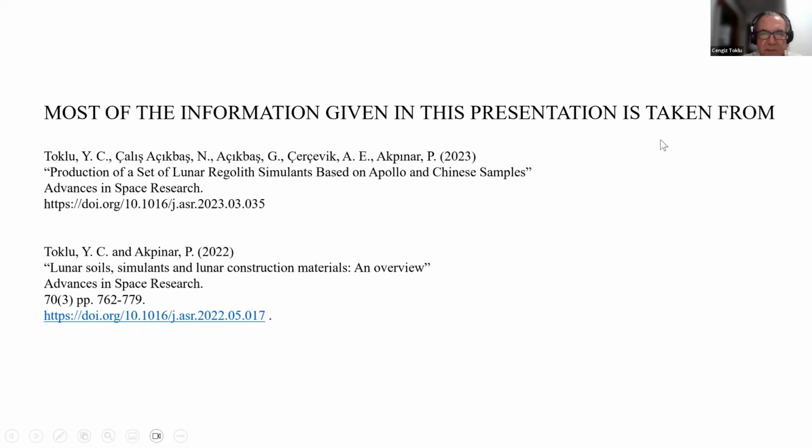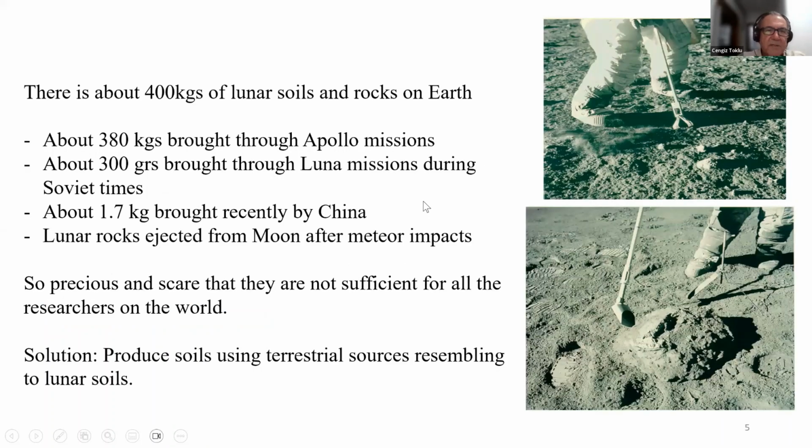Now, most of the information given in this presentation is taken from these two recent publications. There are about 400 kilograms of lunar soils and rocks on Earth: 380 kilograms brought through Apollo missions, about 300 grams brought through Luna missions during Soviet times, about 1.7 kilograms brought recently by China, and also some lunar rocks ejected from the Moon after meteor impacts.